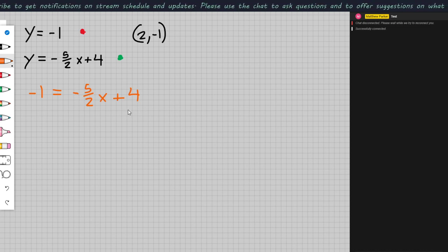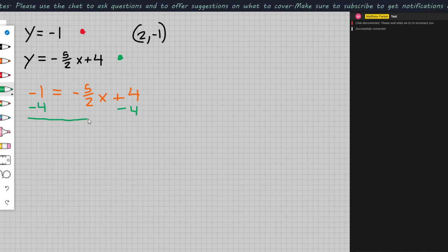I'm gonna subtract the 4. Let's do that in a different color so you can see it being eliminated. So -4. So cross this off. -1 minus 4 is going to be -5.